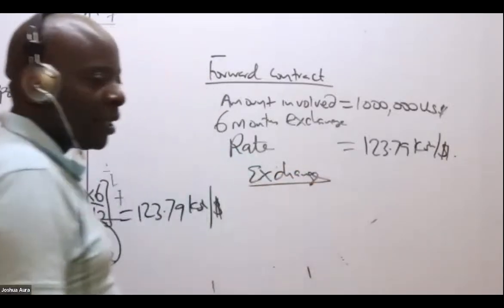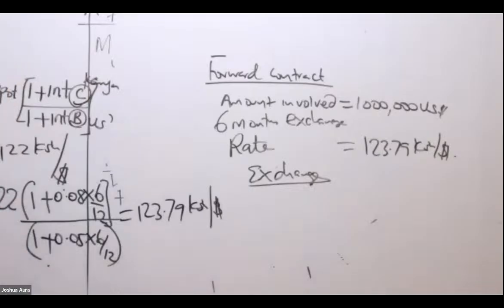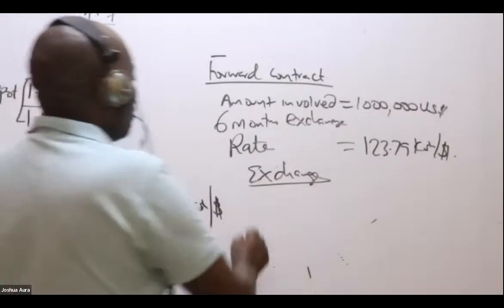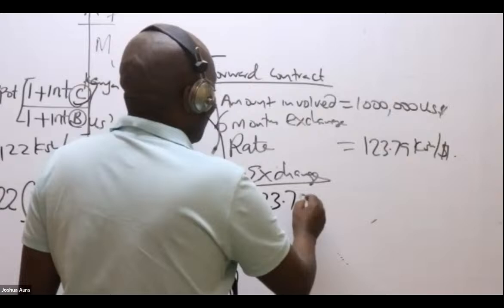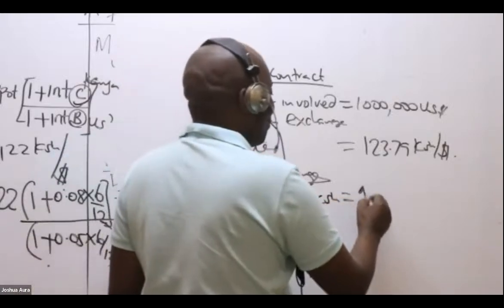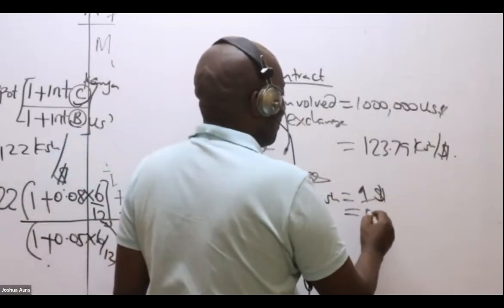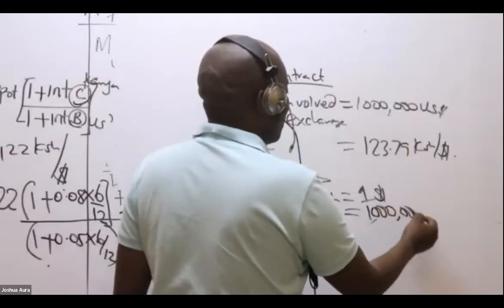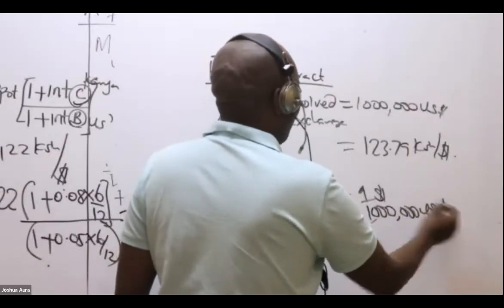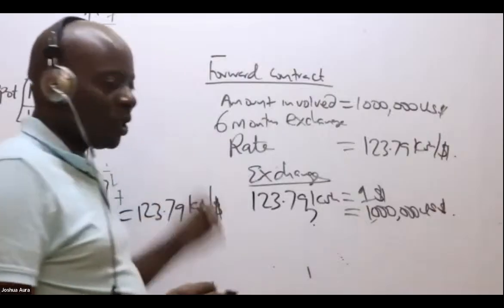It's very easy to exchange. What I'll do, I'll say 123.79 Kenya shillings equals $1. How about 1 million US dollars? Could you kindly exchange there?